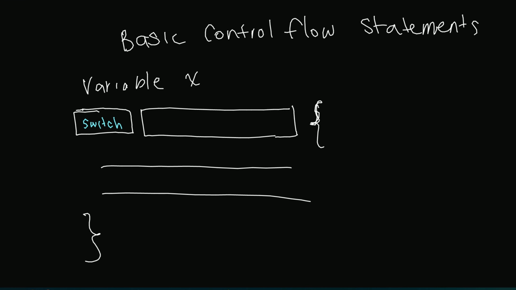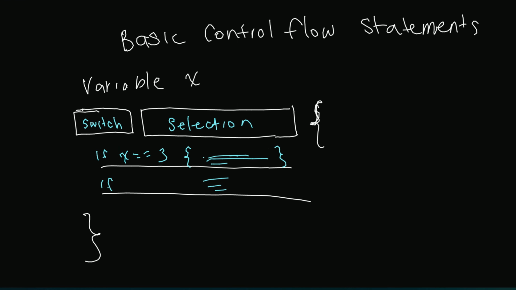So let's say we're looking at a value x. So this is like selection. So we're going to say if, and our switch statement basically combines the if statement. So if x equals 3, we're going to process something here.